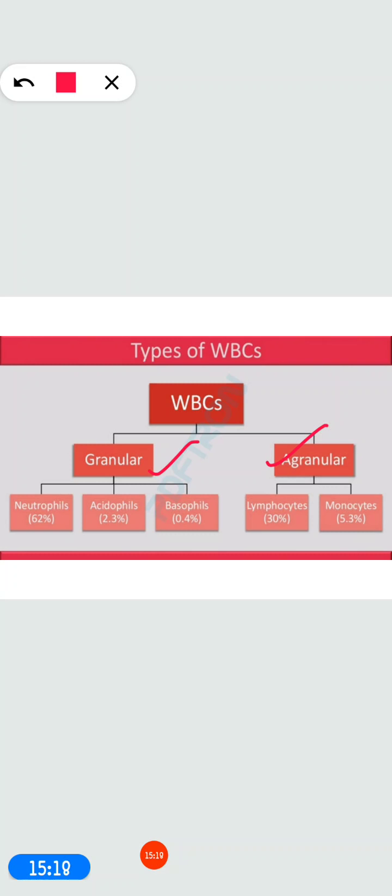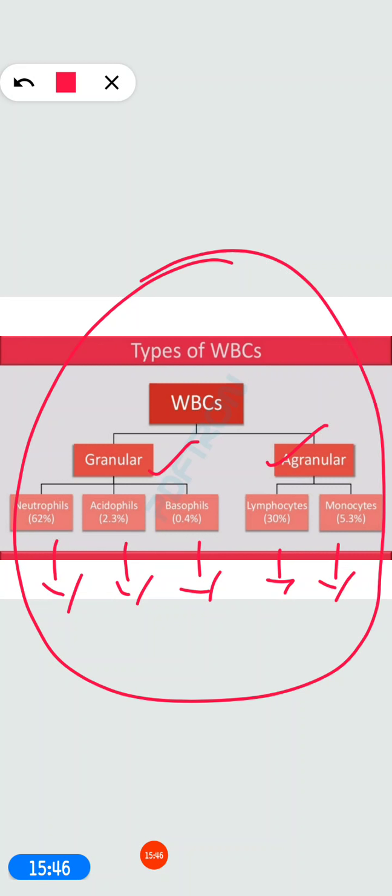Neutrophils contain 62%, acidophils, also known as eosinophils, contain 2.3%, and the basophils contain 0.4%. And agranular is two types: lymphocytes and monocytes. Lymphocytes is 30% and monocytes is 5.3%. This is the type of WBC.